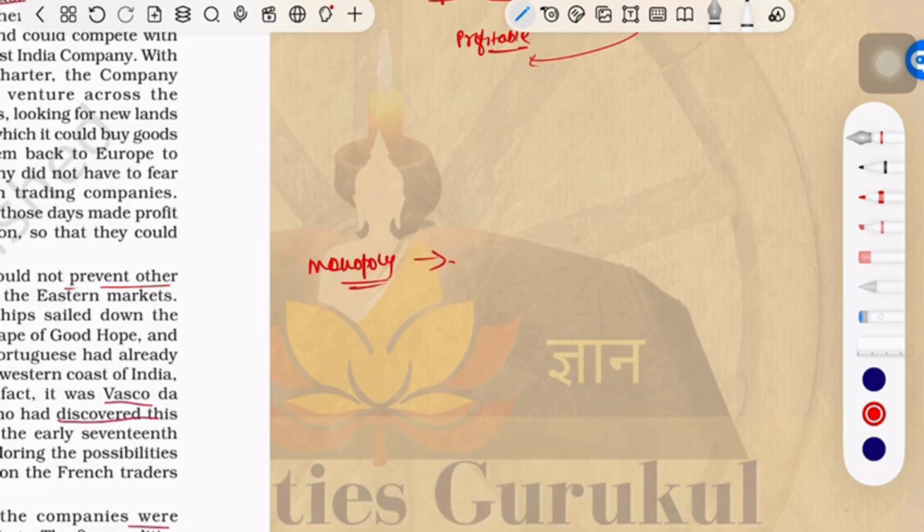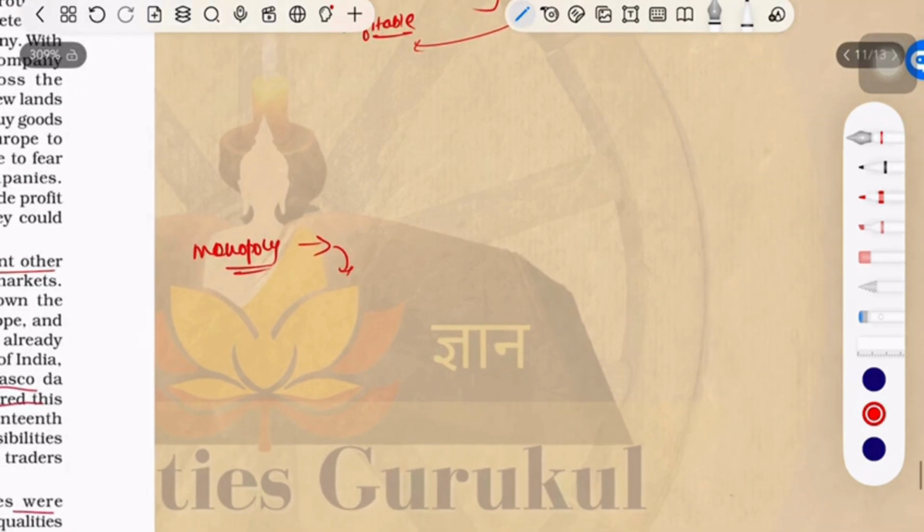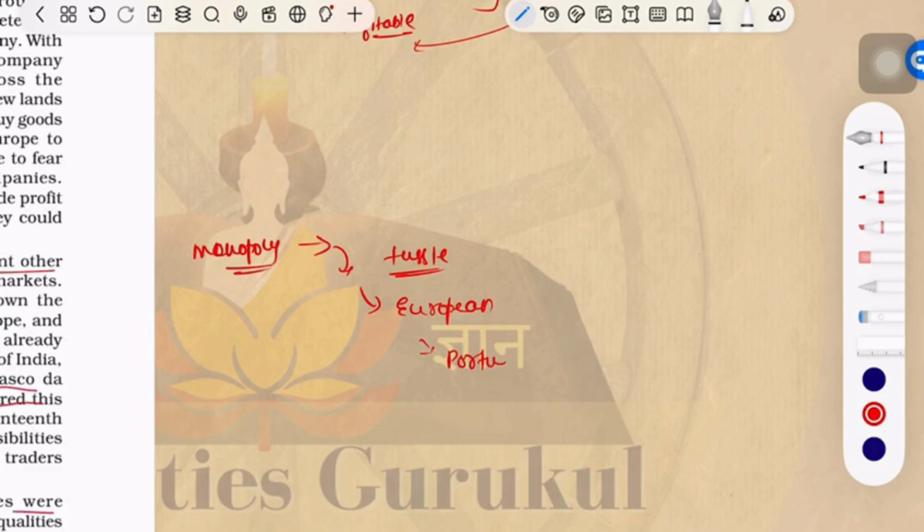Because of this, they went through some struggle to retain their monopoly against other European countries, like the Portuguese. I gave you an idea how they started with Vasco da Gama in 1498. Then the Dutch, then the French also came.